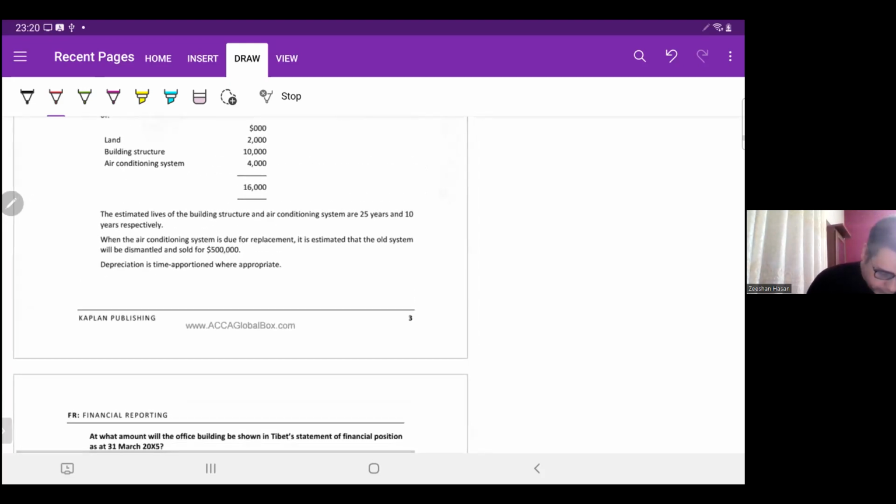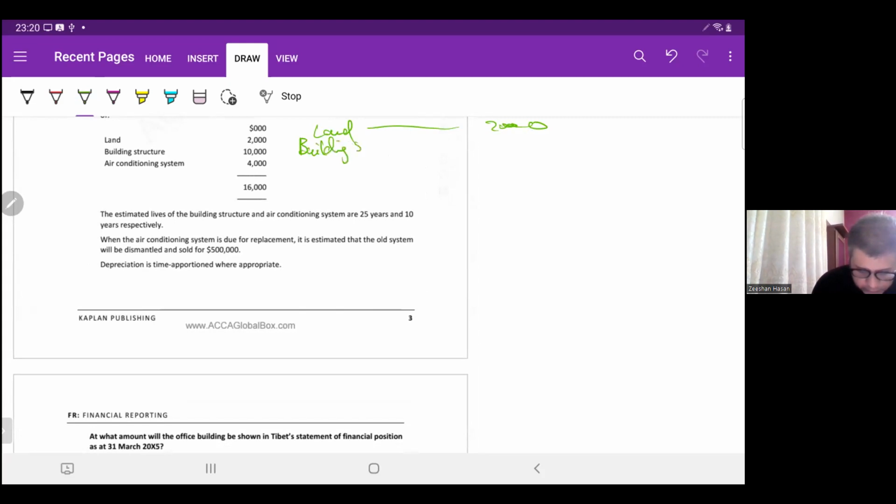So, land 2000, which is not depreciated. Building structure 10,000 minus 10,000 divided by 25 multiplied by 6 divided by 12 is 9,800. Okay.